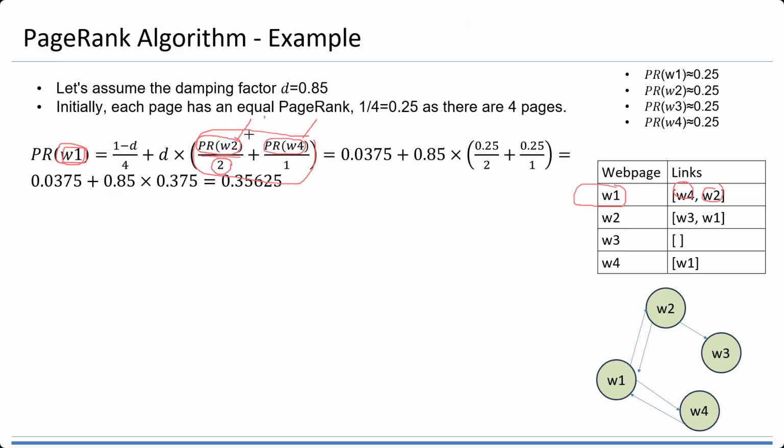The outgoing links of page 2, there are 2, so we divide by 2. The outgoing links of web 4, there is 1, so we divide by 1. After we have these values, we can just do the summation. The value is 0.35625. This is the new page rank of W1 after we look into web 2 and web 4.